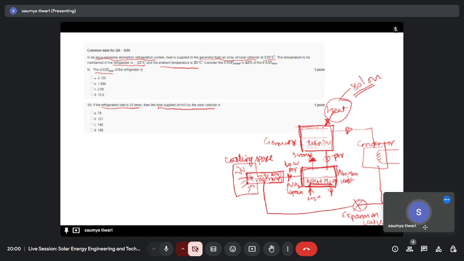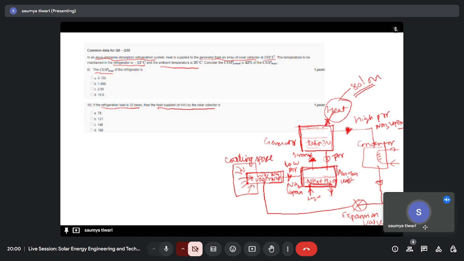Now at this point we have this gaseous ammonia at high pressure, right? Now we have high pressure ammonia vapor here. Now the next step is the condensation. So in the condenser what we do is we basically cool this high pressure ammonia.